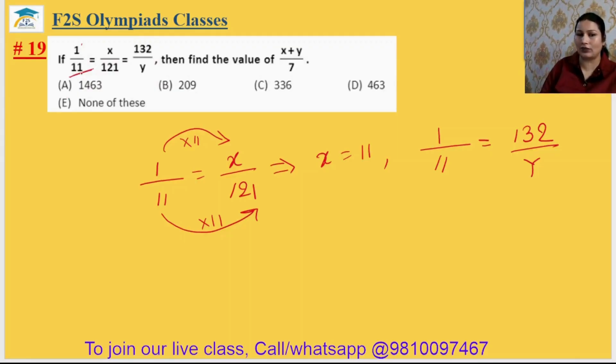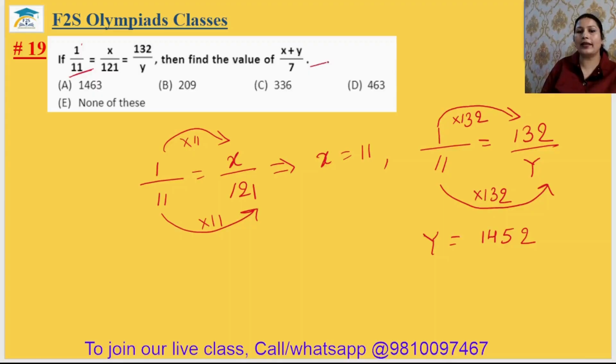The simplest fraction is 1 by 11 here. Now 1 multiplied by 132 equals 132, so 11 multiplied by 132 will be your y. So y equals 1452. After multiplication we get this.